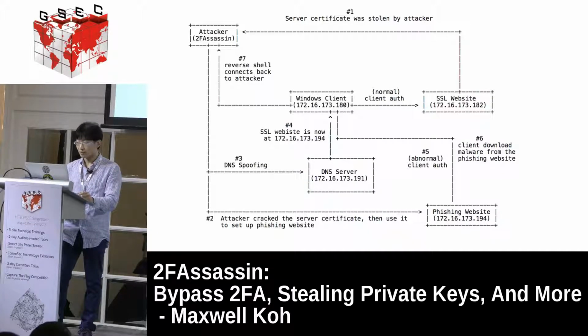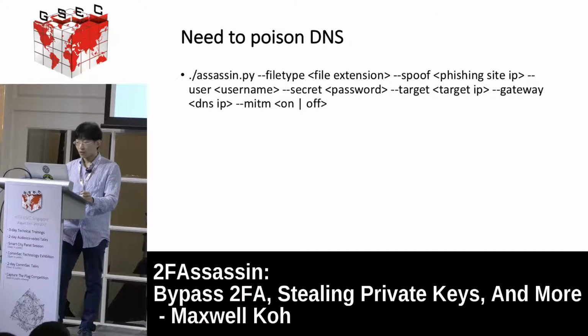The client will then visit the phishing site and download and run the key, ending up in getting the reverse shell executed on the client system. Without doing DNS spoofing, there is no way to secretly redirect the client system to our phishing website. By the way, this is only one line command. It will set up the whole phishing scenario, like what we have planned. So let's see the demo.